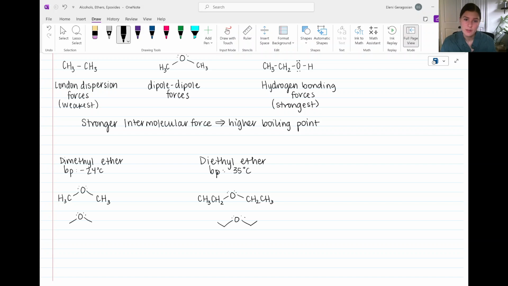Molecular weight also influences boiling point. Overall, diethyl ether has a higher molecular weight because of the two extra carbon groups. So that also influences its boiling point.